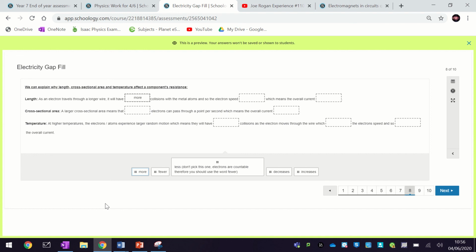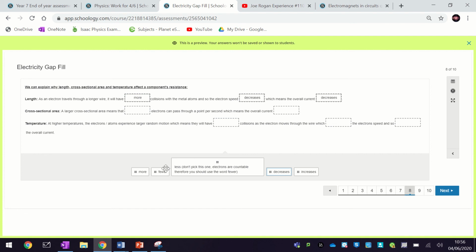So longer wire, more collisions. And that means that the electron's speed decreases. So if it has more collisions, it can't travel as fast through that. And if you've got the electrons moving slower, that's one factor that means the current decreases. And that's why we say the resistance increases, because it decreases the current.